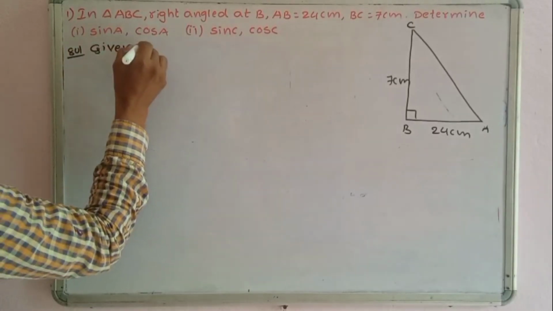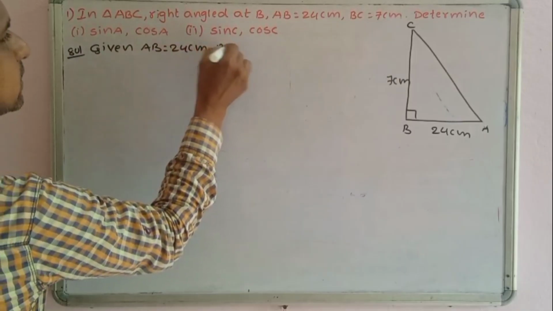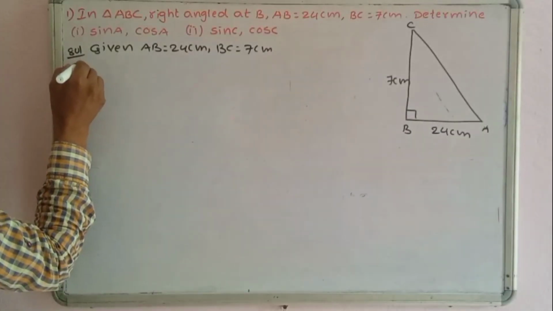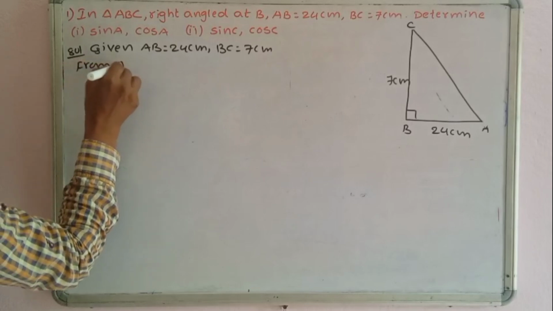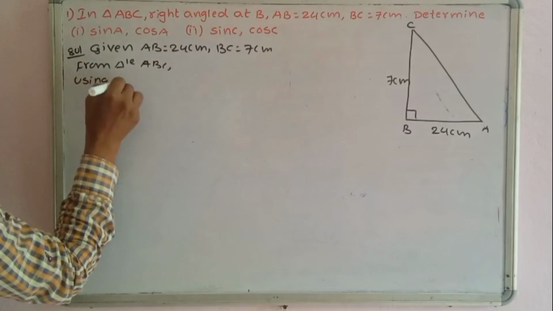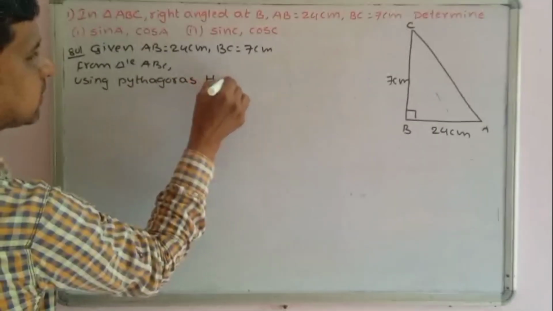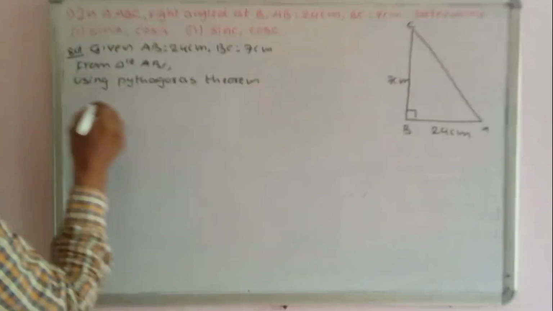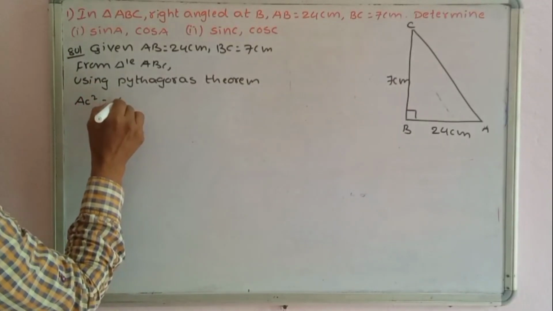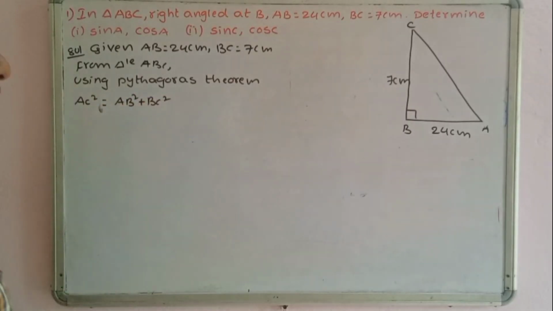Given AB equals 24 centimeters, BC equals 7 centimeters. Using Pythagoras theorem from triangle ABC, hypotenuse square, that means AC square equals AB square plus BC square.